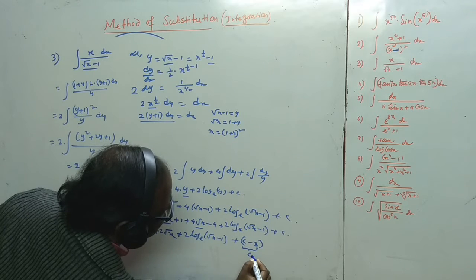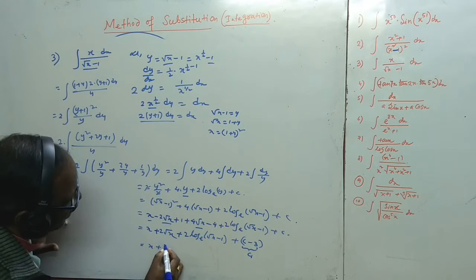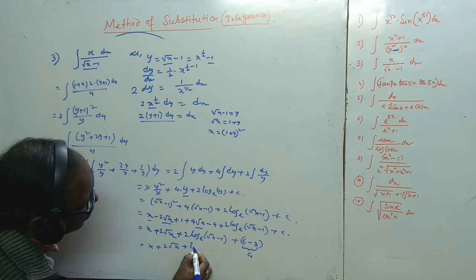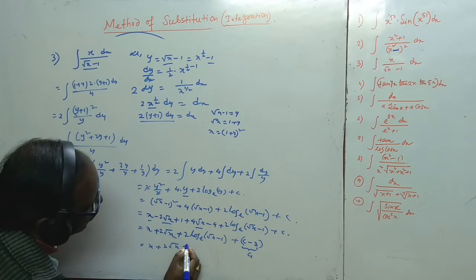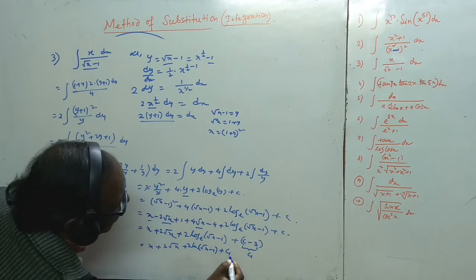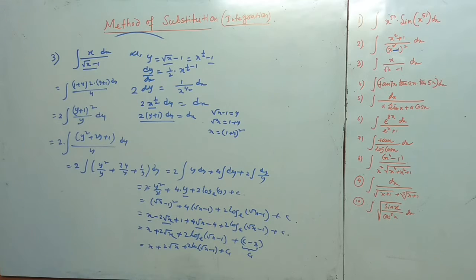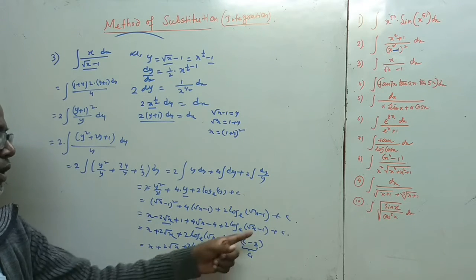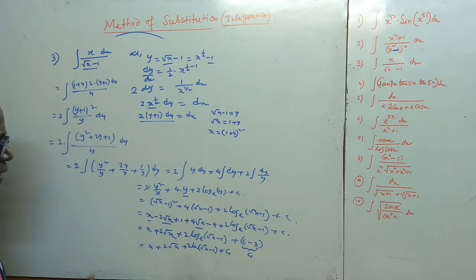So let us assume this is c1. So again rewrite here 2 ln root x minus 1 plus c1. Okay, so by this method of substitution we should always follow: if we get a constant without the integration constant, we should add it to the integration constant. That will be the perfect.